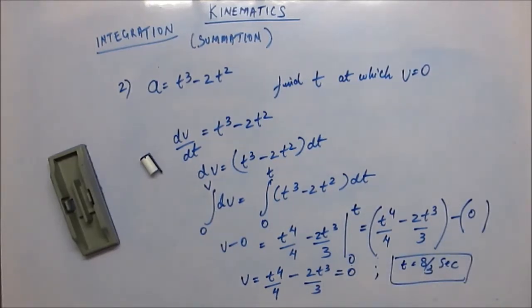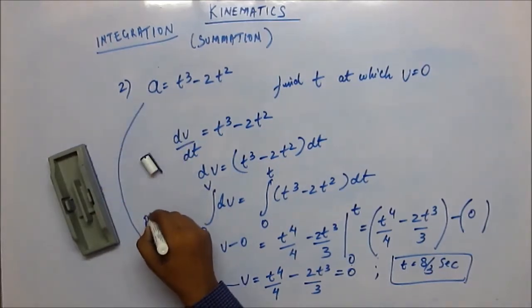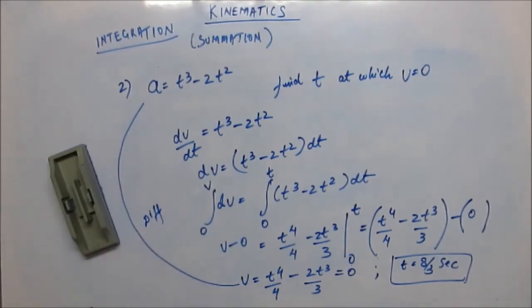So the important thing was to get the expression of velocity by integrating the expression of acceleration, because you get acceleration by differentiating the expression of velocity. a is dv by dt. From here, if you differentiate velocity, you will get that same function of acceleration. And to get velocity, actually you have integrated acceleration.